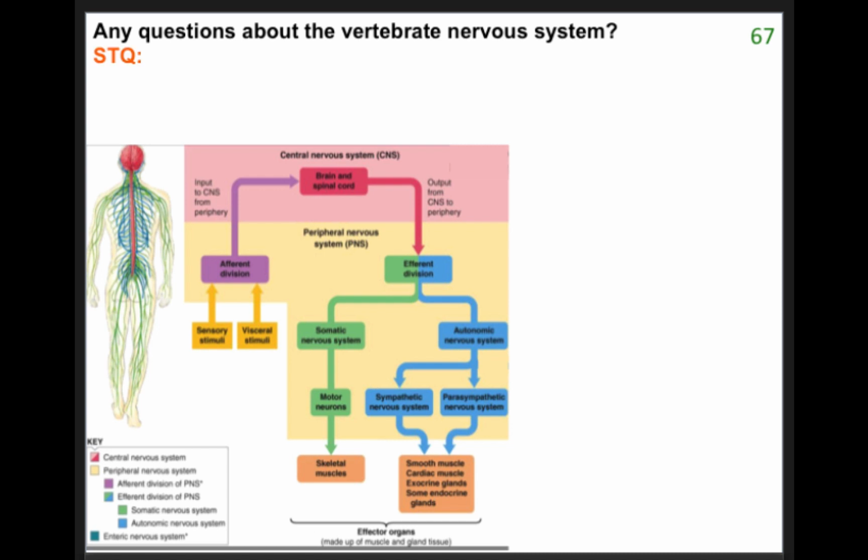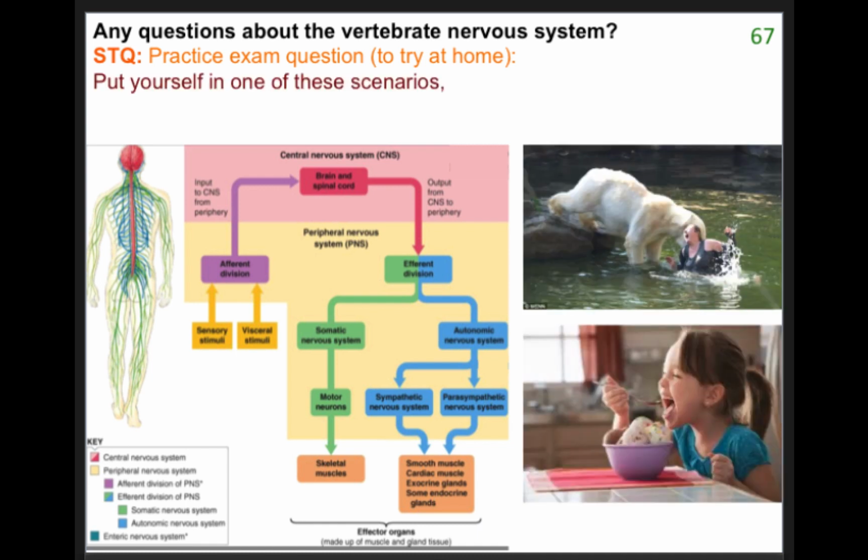As your next scientific thinking question, here's a practice exam question you can try at home. So if you put yourself into one of these two scenarios, either being eaten by a polar bear or eating a bowl of ice cream, describe all the ways in which your body would respond to that situation, right?